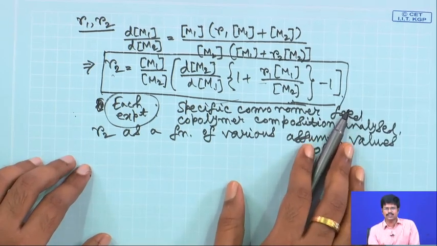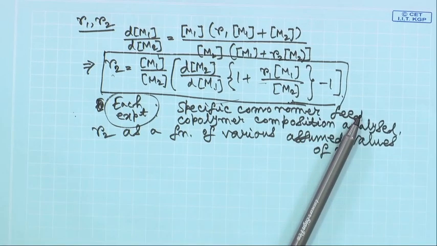So, you start with a particular comonomer feed composition and you do the reaction to less than 5% conversion, and you analyze the copolymer. When you say feed, you are talking about the co-monomer feed composition. So, you analyze the copolymer and then you fit it in this equation. So, your R2 is linear with R1 and you put various assumed values of R1. So, you have a straight line.